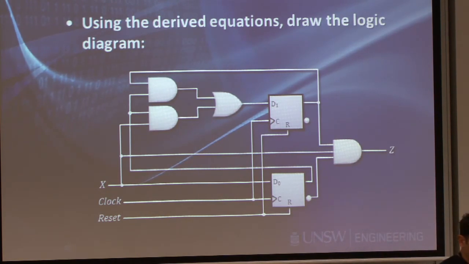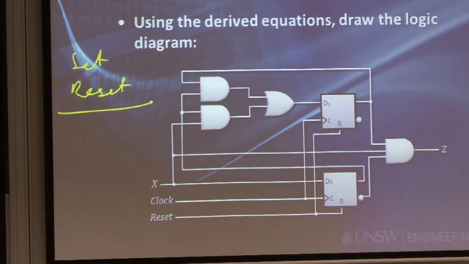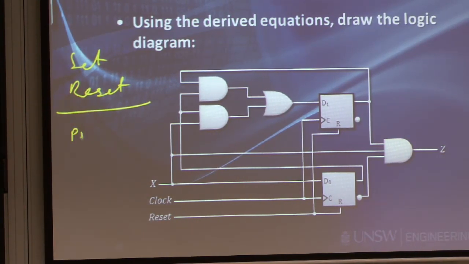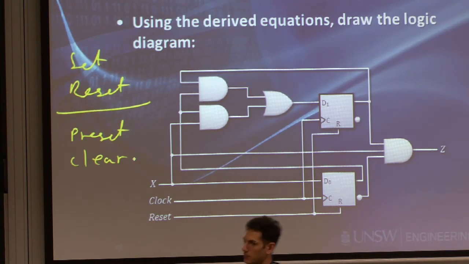Now, a little bit about terminologies with direct signals, and this is something you probably will see in the lab. You will see two possible naming for those signals. You either see a set and reset signals, or you might see them as preset and clear, which sort of imply the same thing.